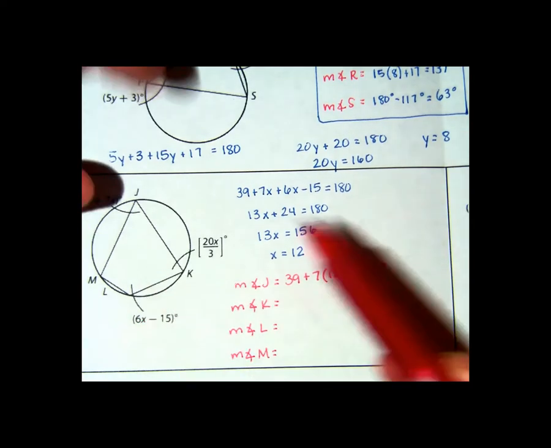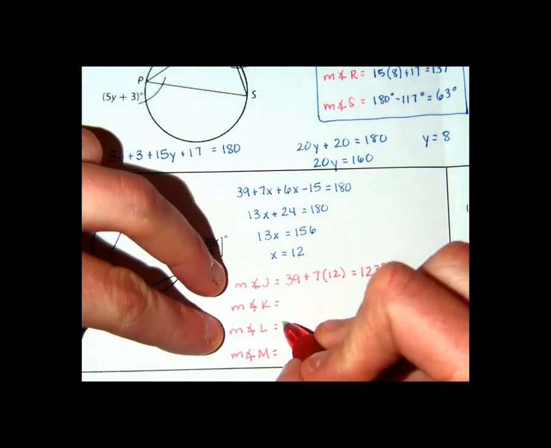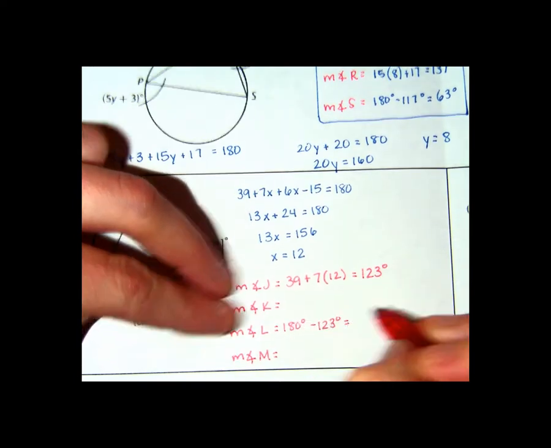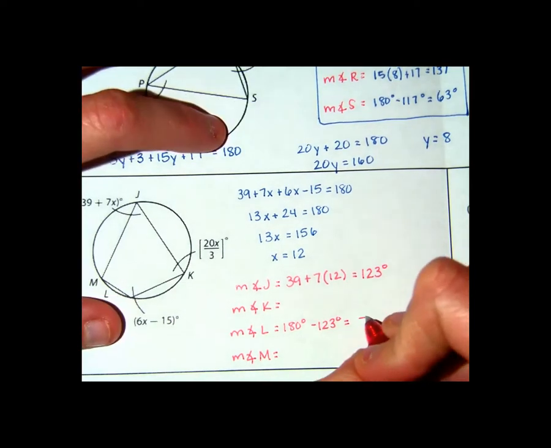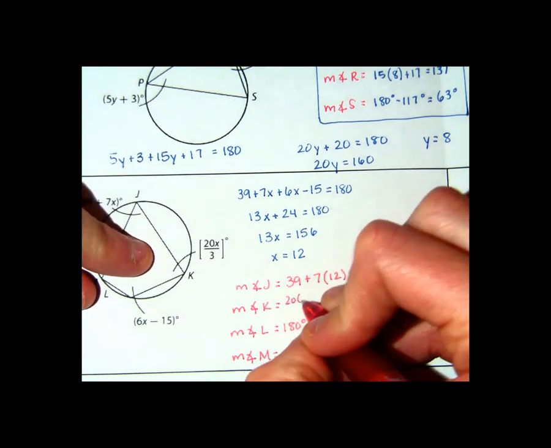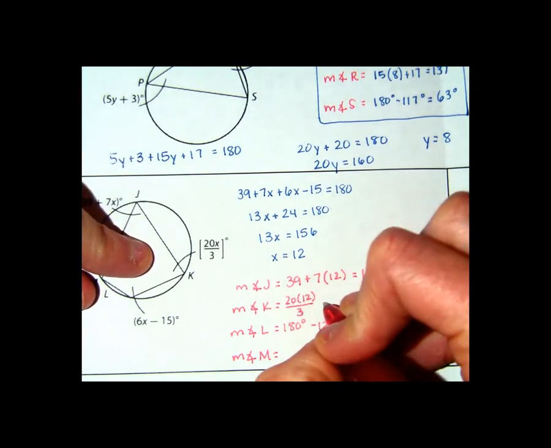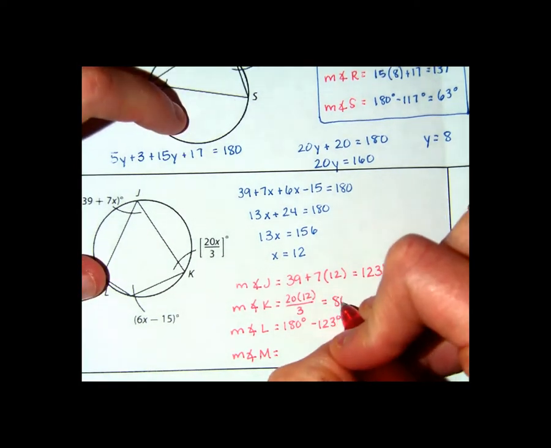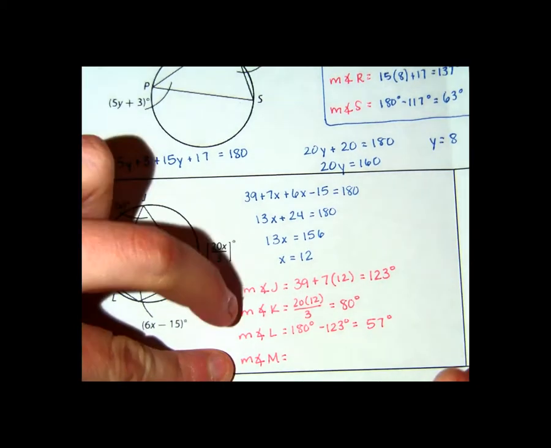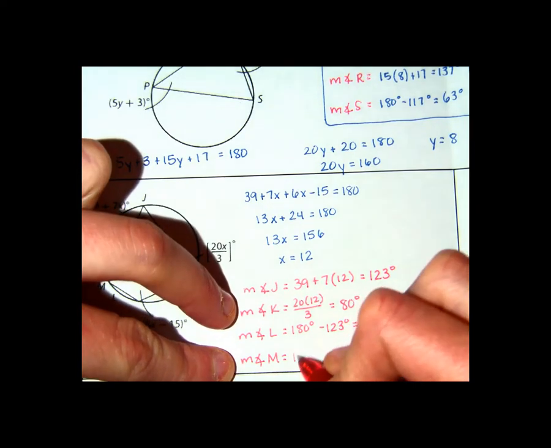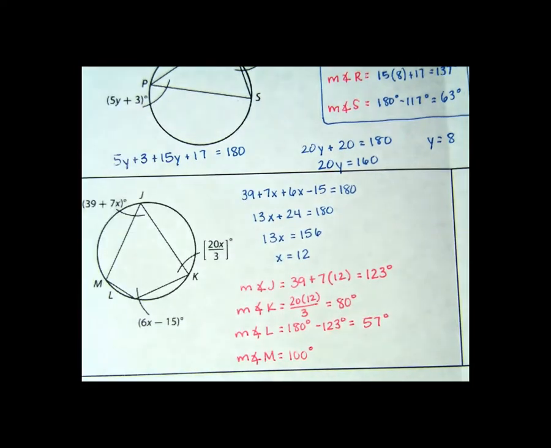Instead of even plugging in for L, I can skip to L and say, hey, it's supplementary, so it's 180 minus 123. Or you could plug in, but you'll still get the same answer. The measure of angle K is 20 times 12 divided by 3, which is 80 degrees, which leaves K and M are supplementary, so that leaves 100 degrees for angle M.